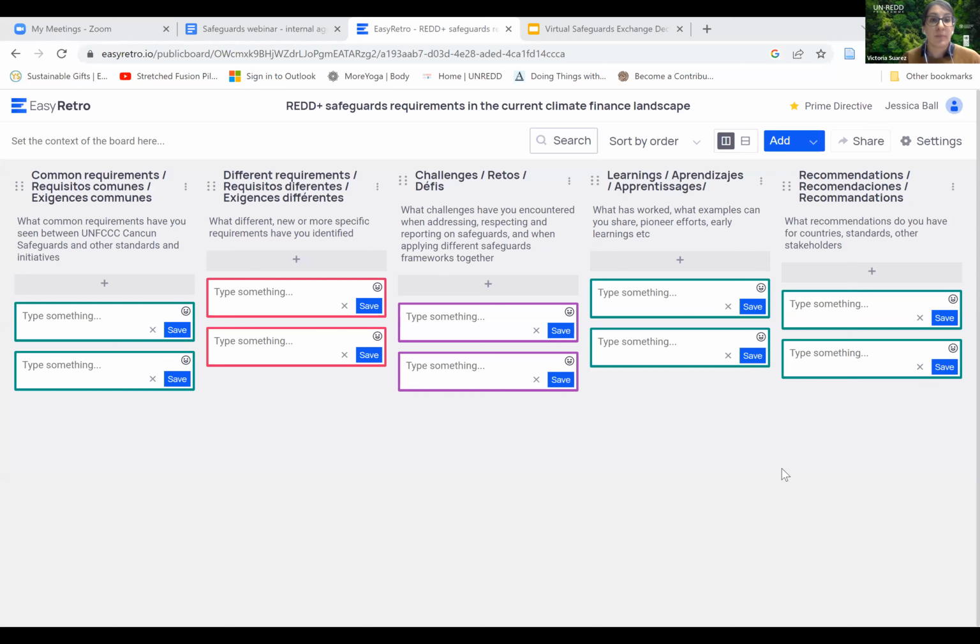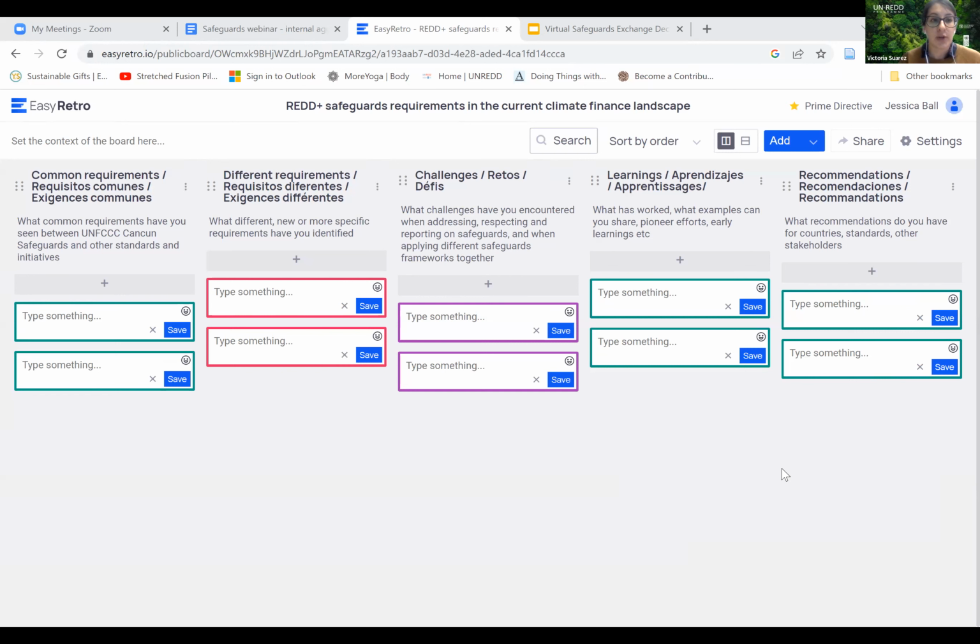We want to hear more in case you have comments on, or you want to think about, what are common requirements, what are different requirements, and also if you have inputs on challenges, learnings, and recommendations to strengthen safeguards application. So we want to keep the conversation open so that you tell us more about this.